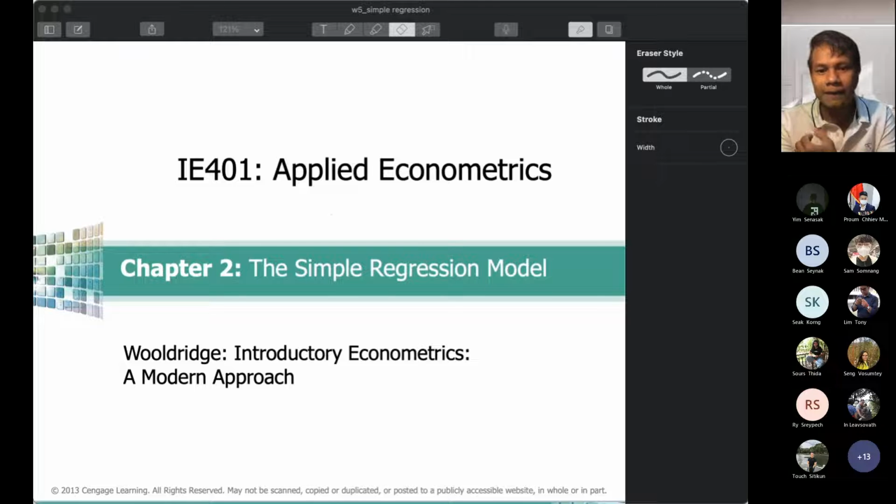And you learned that for simple linear regressions, there are only two variables, one independent variable and one dependent variable. Both dependent and independent variable are numerical or continuous, right?